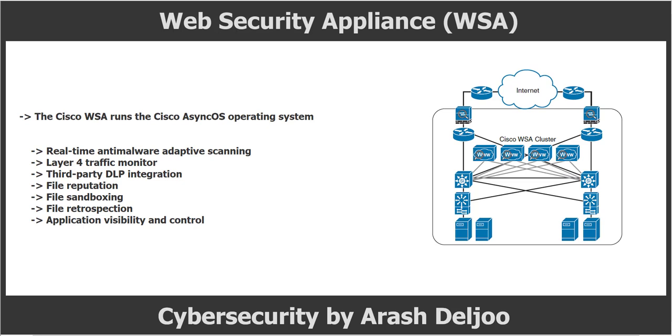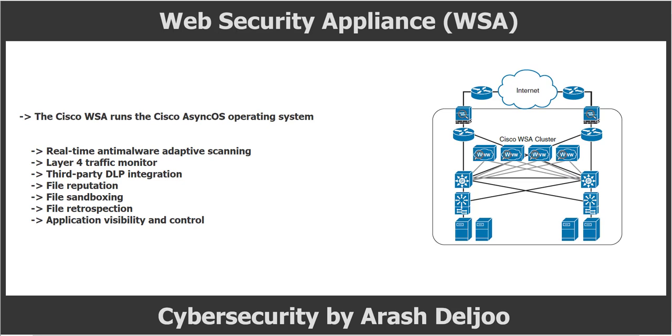The Cisco WSA runs the Cisco AsyncOS operating system. Cisco AsyncOS supports numerous features, including the following that help mitigate web-based threats: real-time anti-malware adaptive scanning. The Cisco WSA can be configured to dynamically select an anti-malware scanning engine based on URL reputation, content type, and scanner effectiveness.